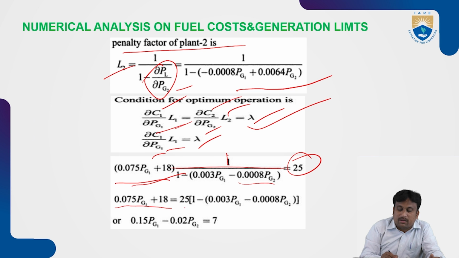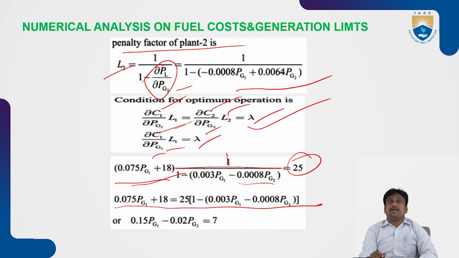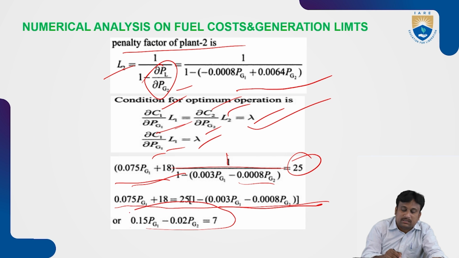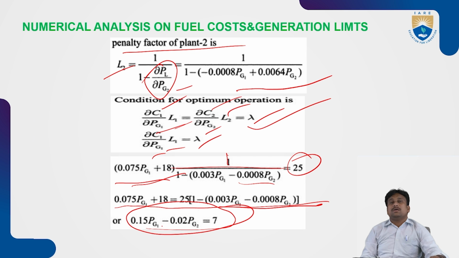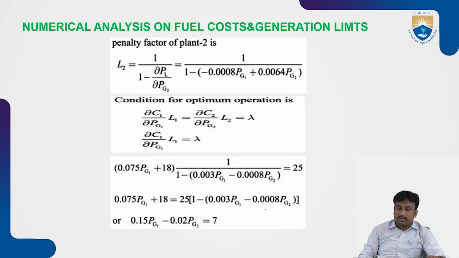So equating all these values, 0.075 Pg1 plus 18 equals 25 into 1 minus 0.003 Pg1 minus 0.0008 Pg2. Or we may write this condition as 0.15 Pg1 minus 0.02 Pg2 equals about 7.